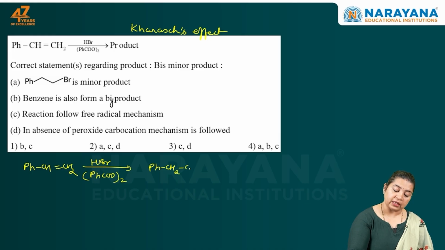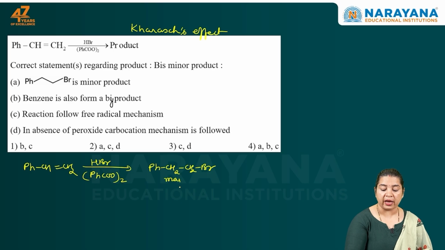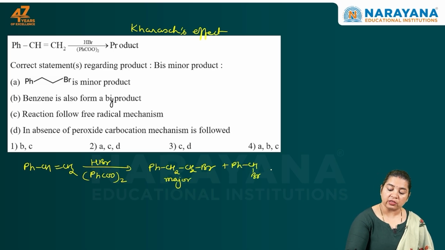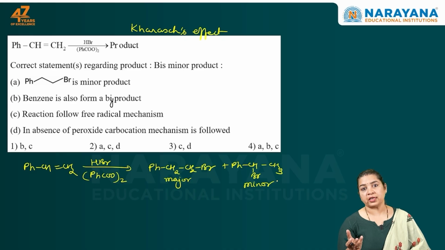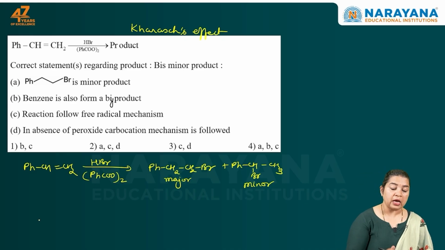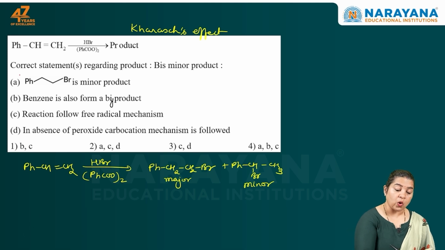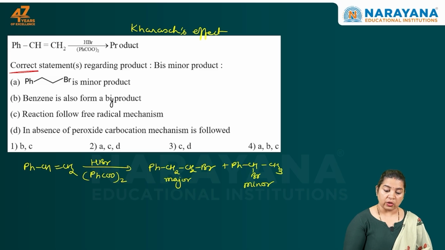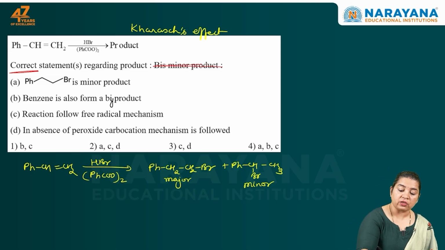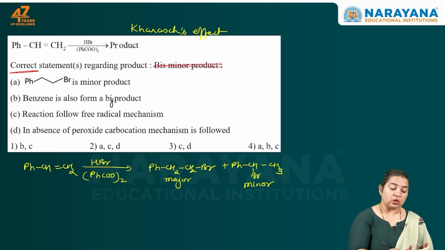We know that it gives anti-Markovnikov addition. So this product should be formed as the major product, and PhCHBrCH3 should be formed as the minor product, because Markovnikov product we cannot say is zero but it is formed as a minor product. Now we are being asked what are the correct statements regarding the product. So let us check.